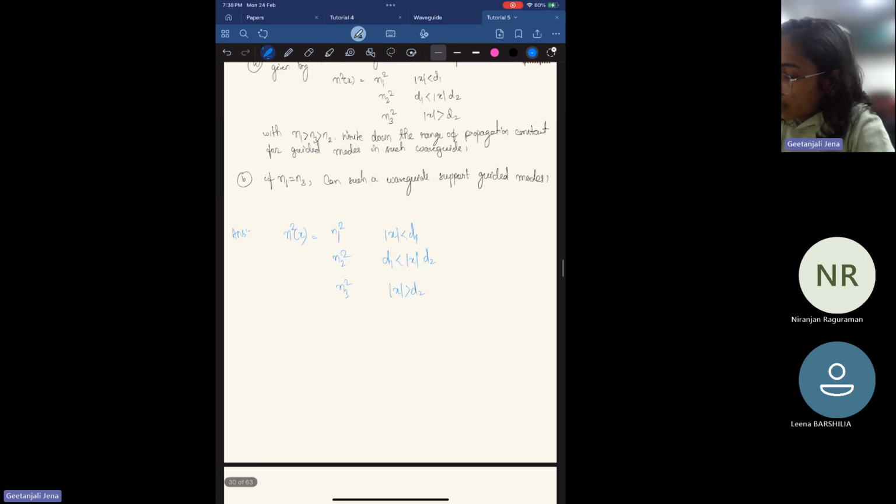The other condition given is n1 is greater than n3 greater than n2. So write down the range of propagation constant for the guided mode.